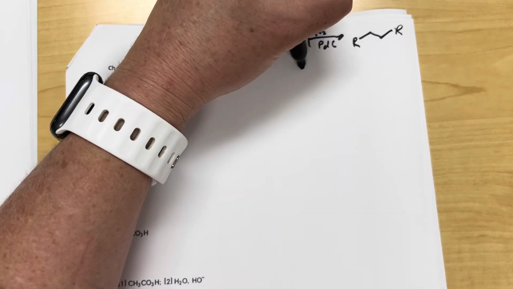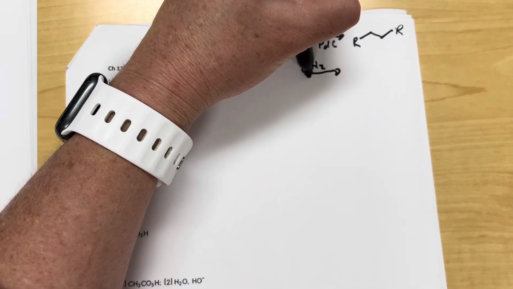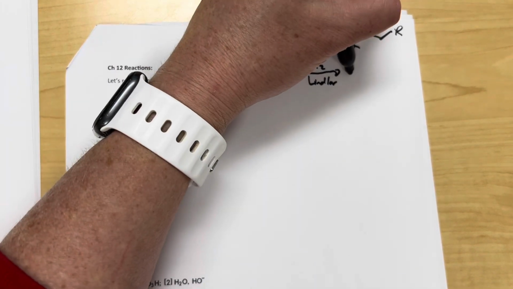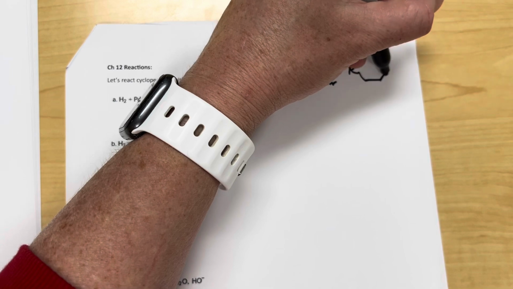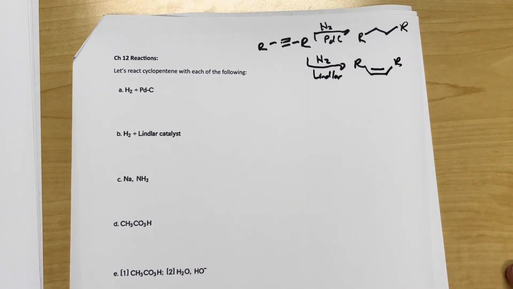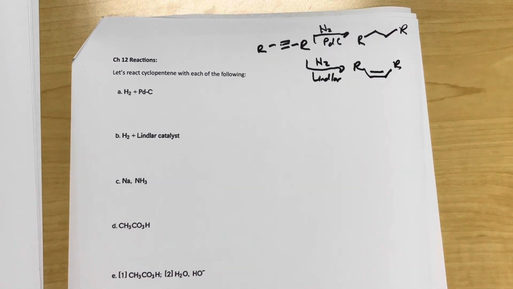If you reacted it with H2 and Lindlar, you got the cis product. And it was only strong enough to take it to an alkene. It could not react an alkene, right?